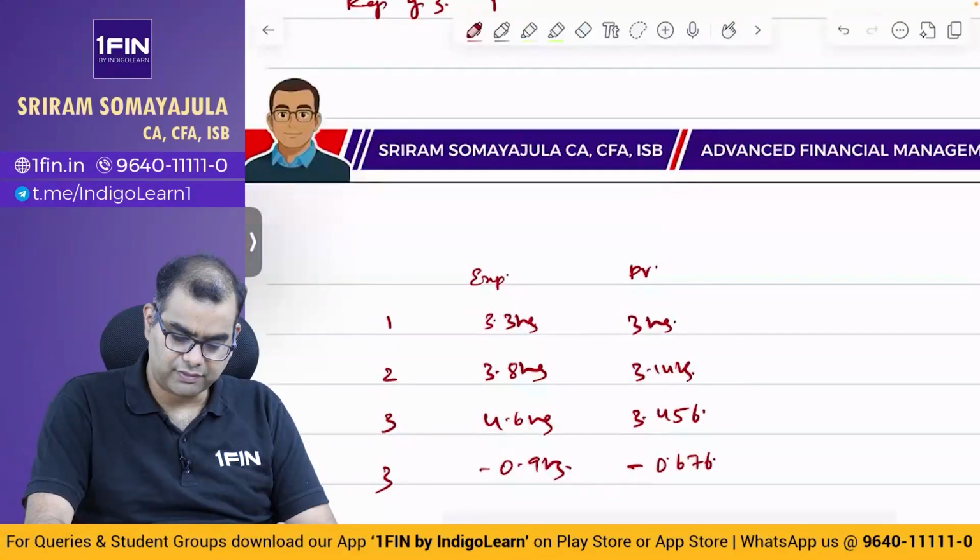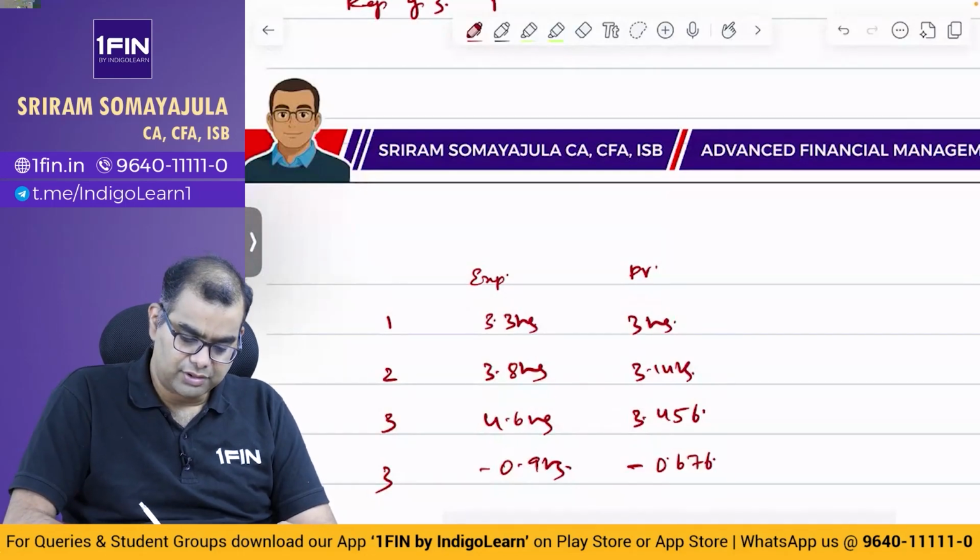So 3 plus 3.14 plus 3.456 minus 0.676. You get 8.92 lakhs as the spend that you do in present value terms.